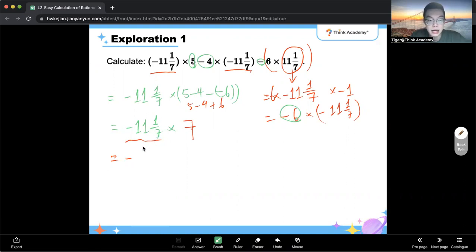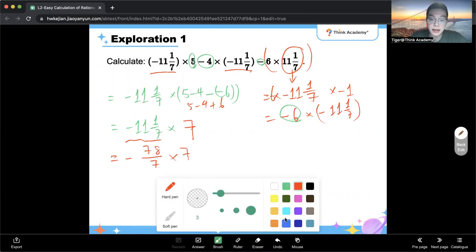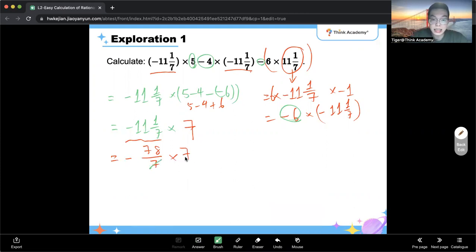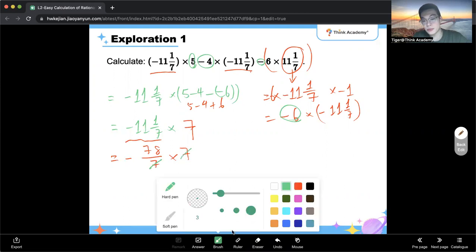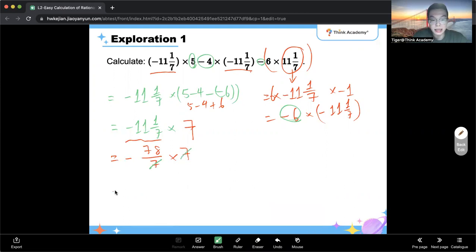That adding 1 is 78. So we have minus 78 over 7 times 7, which you can see that the 7s are going to cancel out with each other, which means that in the end, I'm going to get the answer as minus 78. All right. Does that make sense to you?